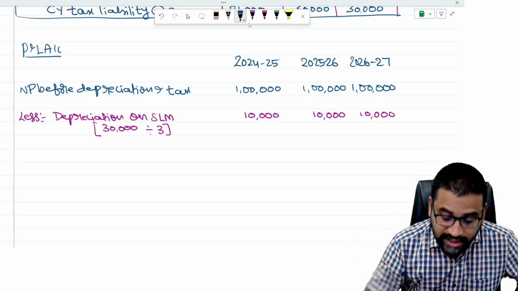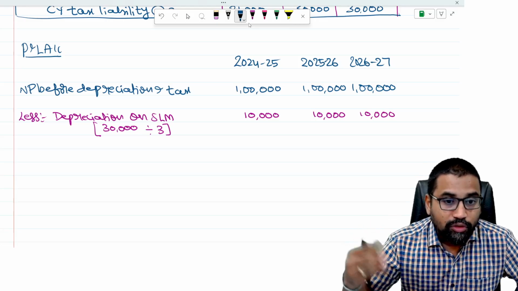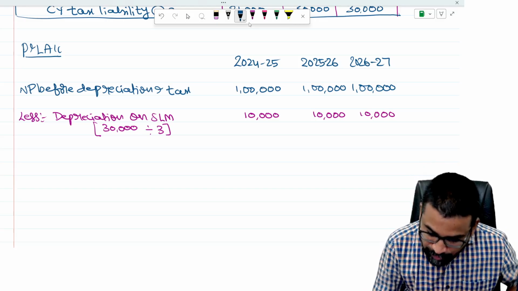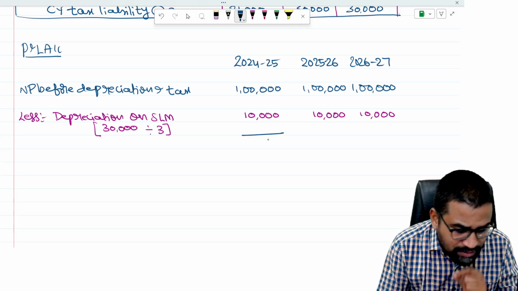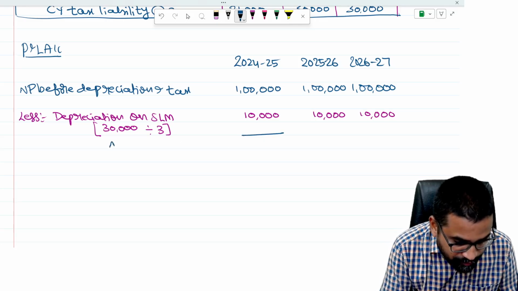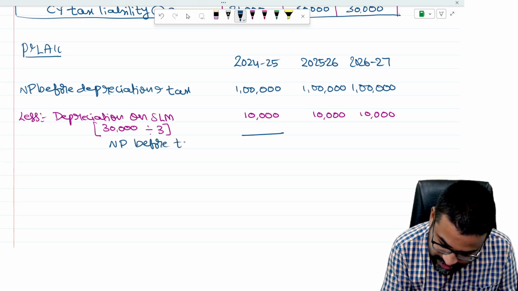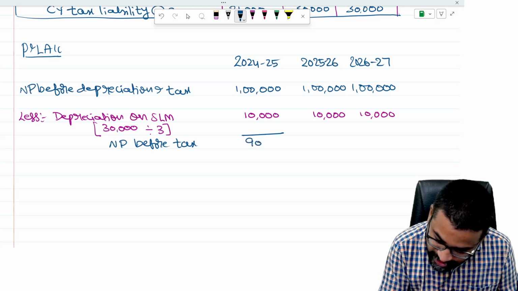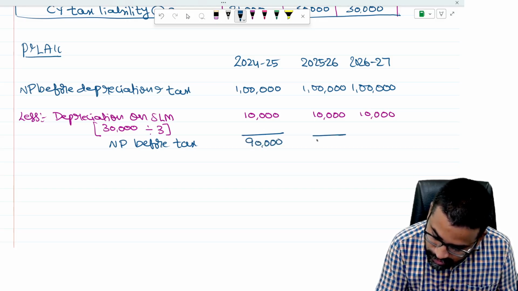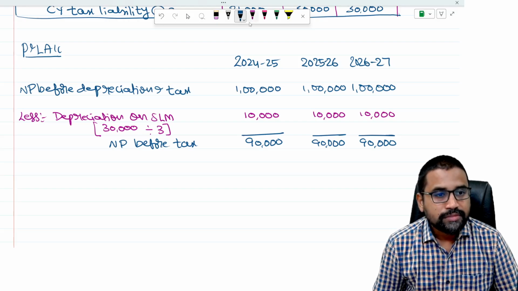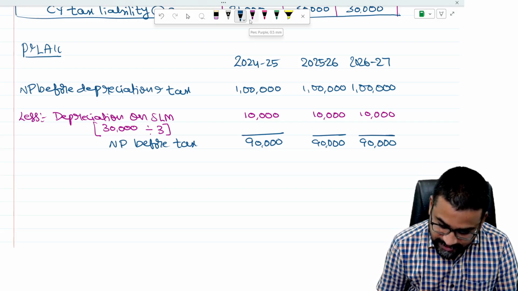The same asset in P&L, SLM, over a period of 3 years, 10,000, 10,000, 10,000. Now you see, what will be your net profit before tax? It is 90,000, right? This is your net profit before tax.